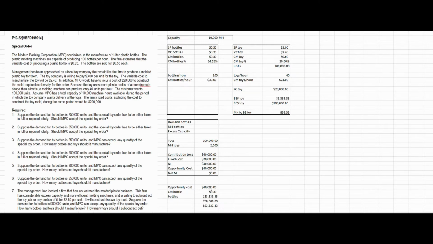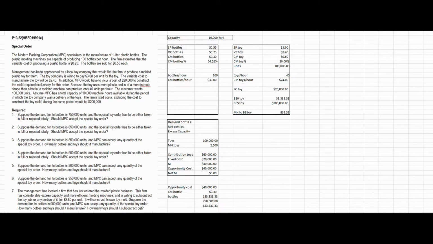Okay, so what would be my indifference point? Well, if you remember, when the demand for bottles was 750,000 bottles, we had just enough excess capacity to meet the needs for manufacturing the 100,000 toys. So basically, the way to understand this is if demand goes up above 750,000 bottles, I'm going to start to incur an opportunity cost.